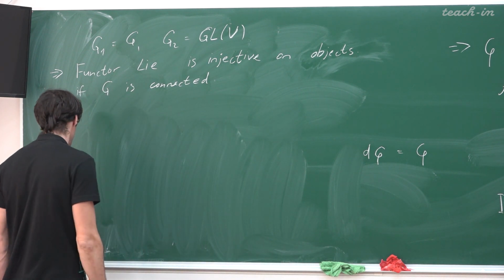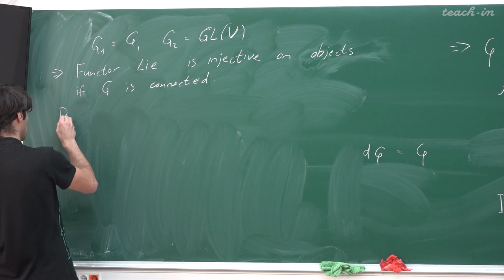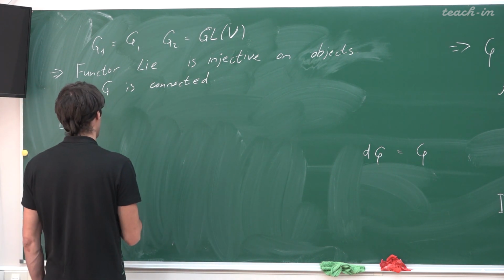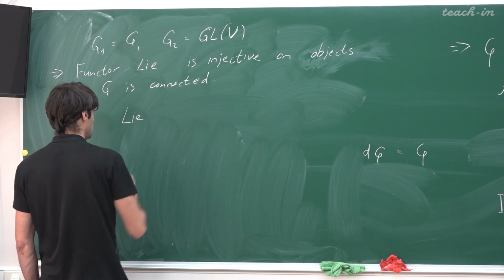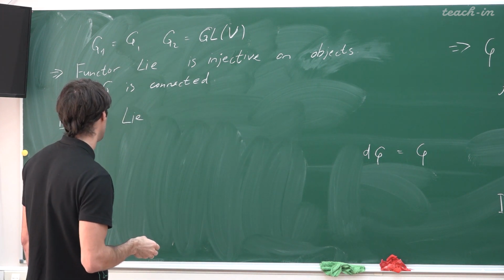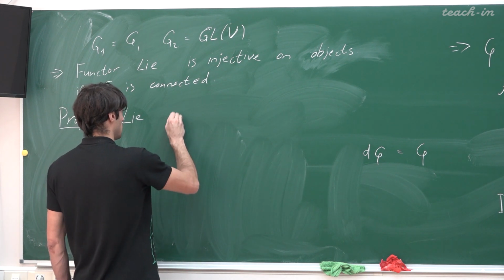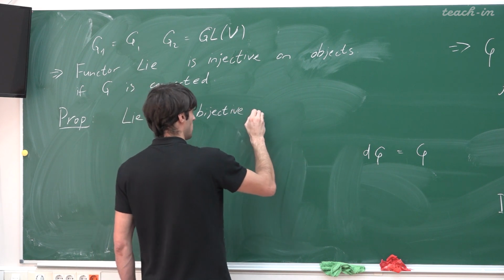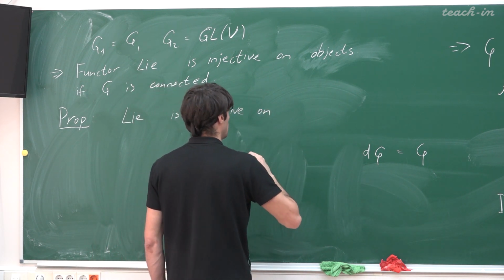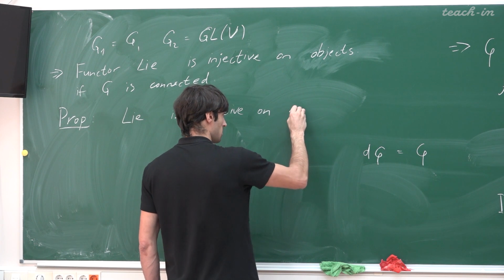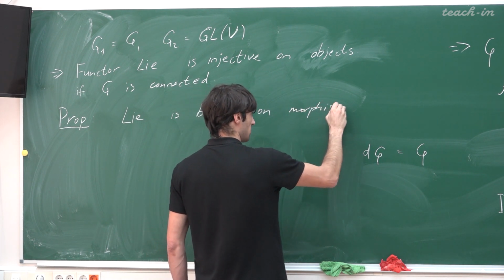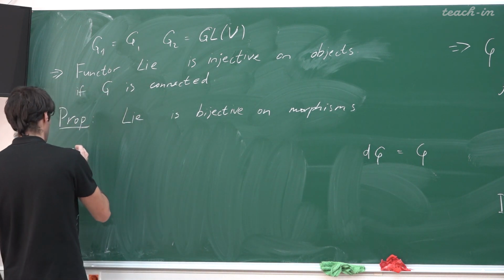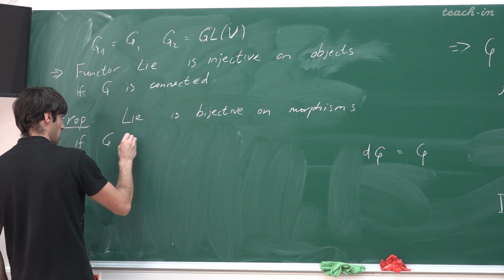What I would like to say, let me formulate it as a proposition, is that the functor Lie is bijective on morphisms. No, not on objects. So we are going to prove it, if of course G is connected.